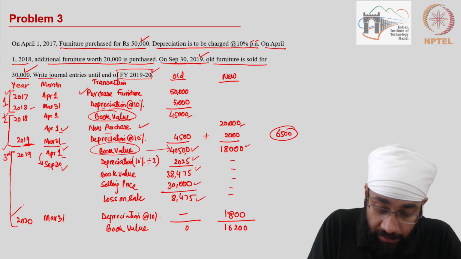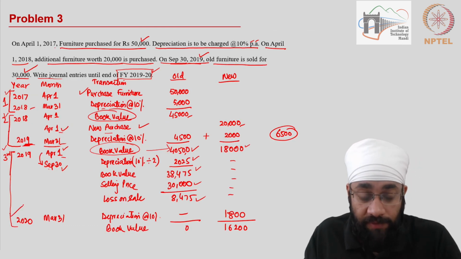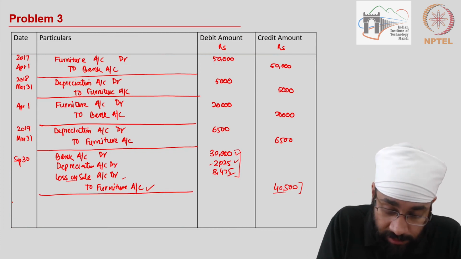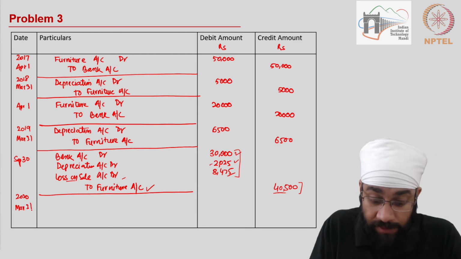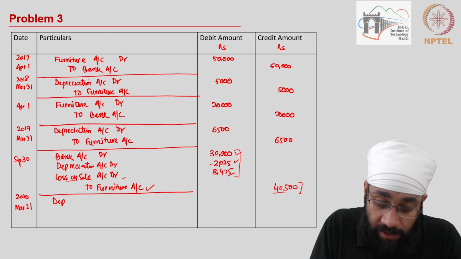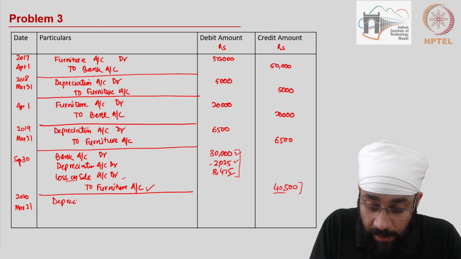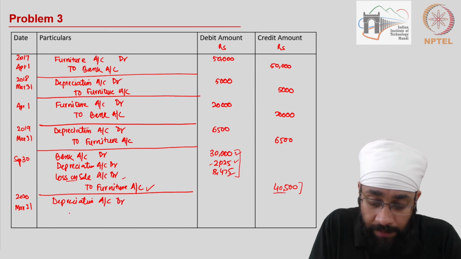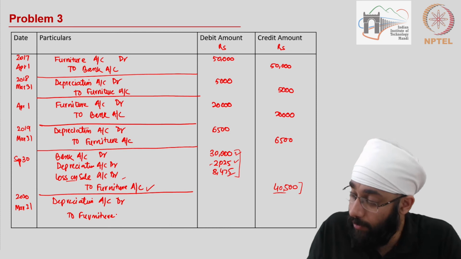Now the next entry is at the end of the next year, 2020 March 31st. So I'm going to close this. 2020 March 31st. You're charging depreciation on the new furniture. The journal entry is same as it is for any depreciation transaction. Depreciation account debit to furniture. Furniture's value is going down.